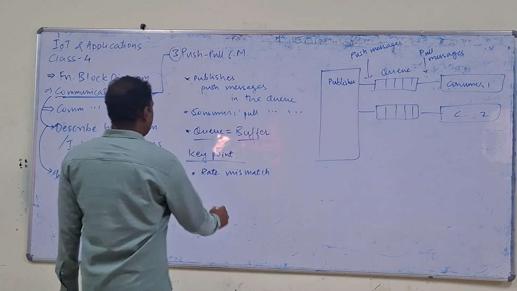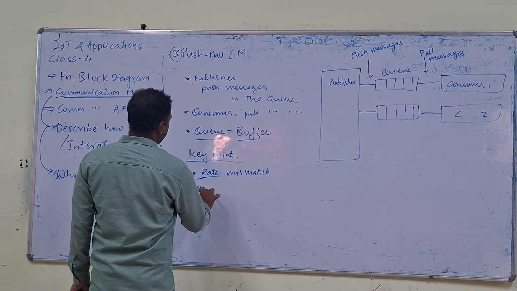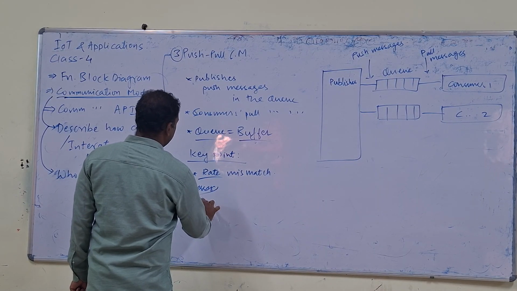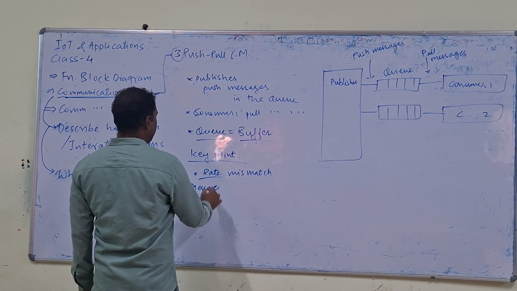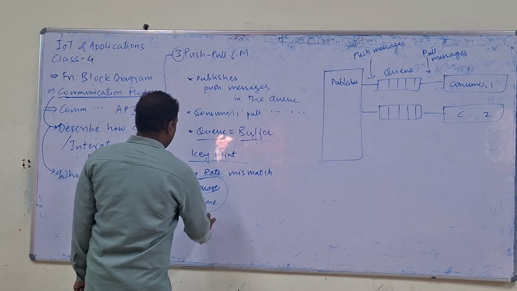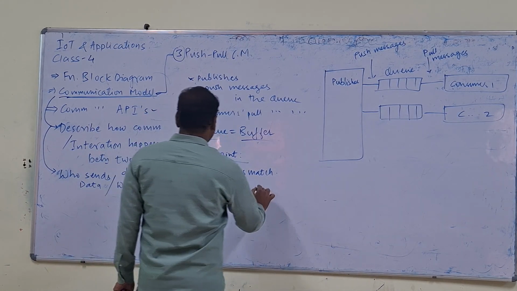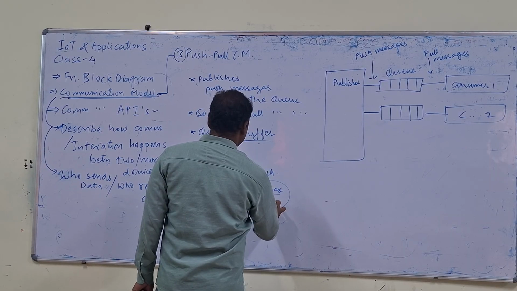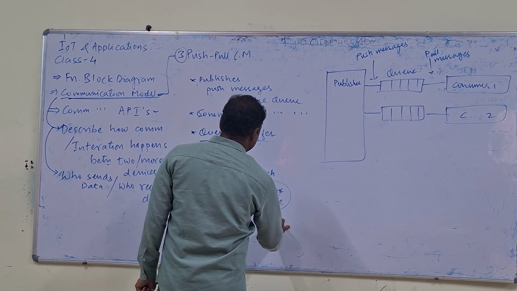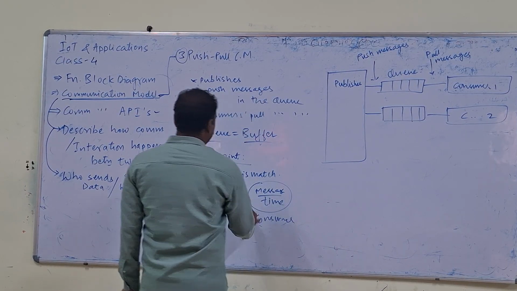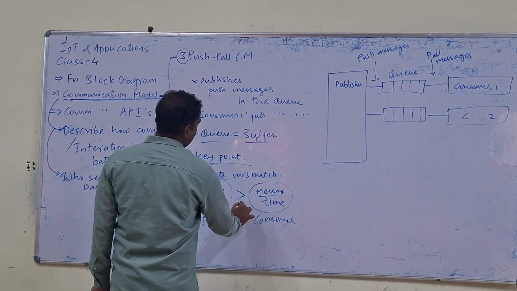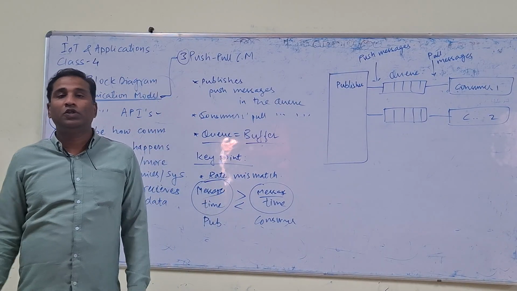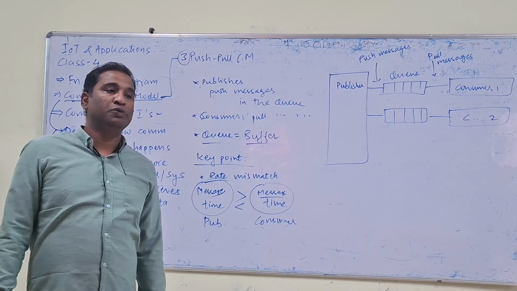The messages being generated per unit time by the transmitter, that is the publisher, and the messages being consumed per unit time by the consumer. So there is a mismatch, higher and lower. In those scenarios, the queue comes into the picture.